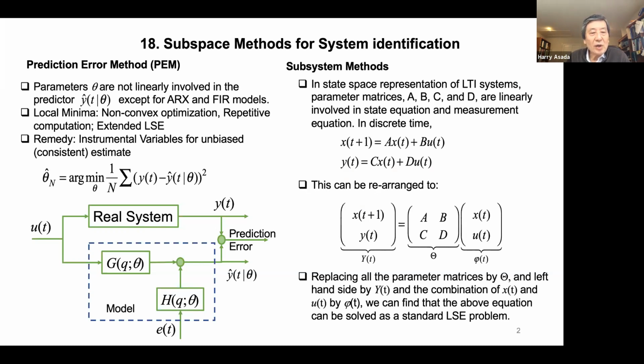So far we focused on PEM, the prediction error method, right? This is a very simple method in a sense, as long as you only care about the forward path transfer function G, and suppose the noise is just a simple white noise coming into the system, not a colored one.